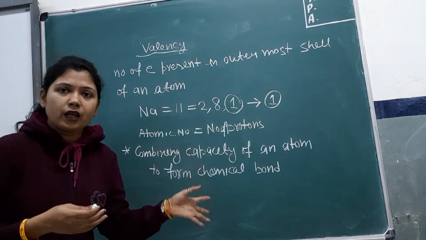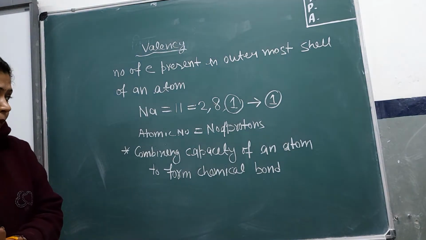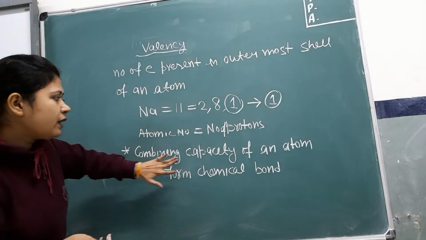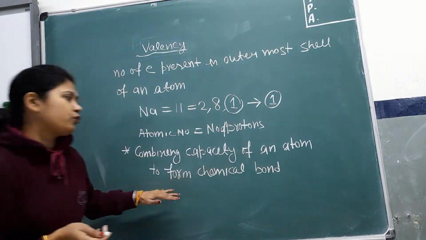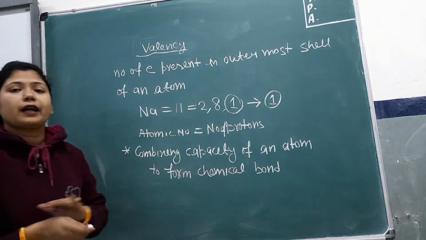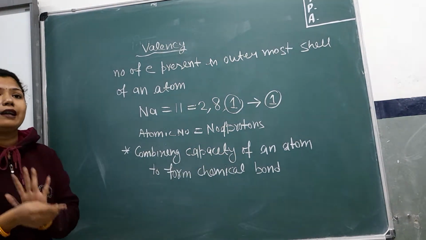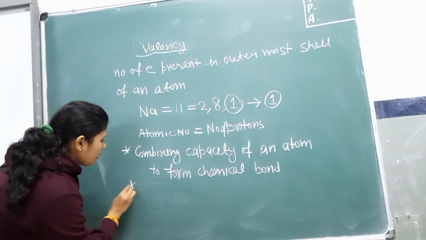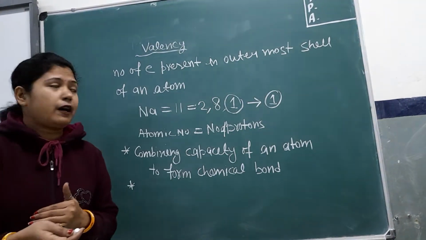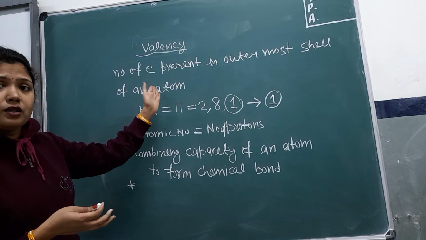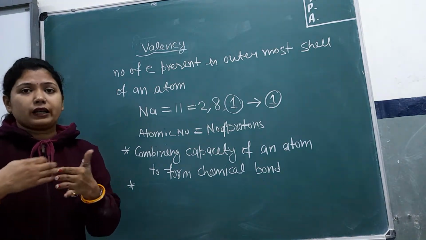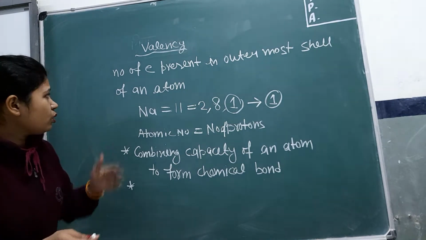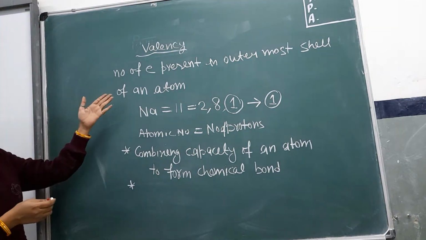It can be ionic compounds or electrovalent compounds. So the combining capacity of an atom to form chemical bonds can also be defined as the valency of that atom. Valency can also be defined as the number of electrons being lost or gained or shared. So there are various definitions of valency.